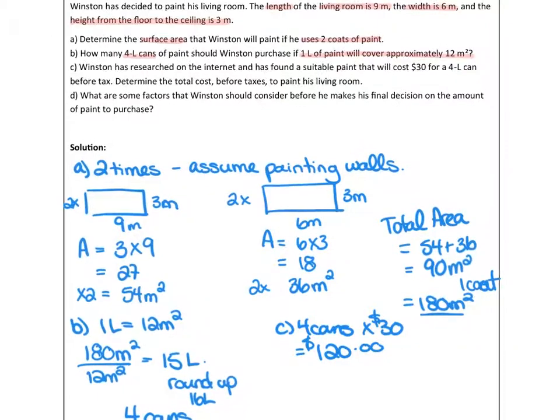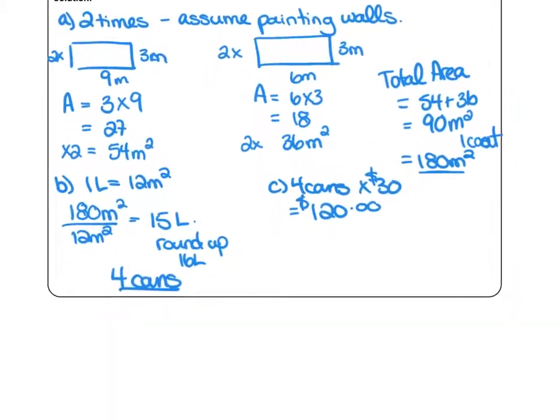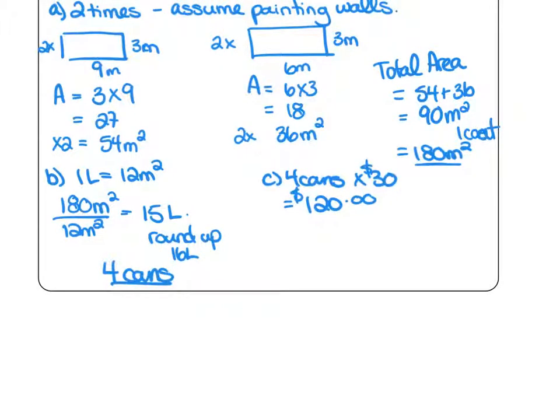What are some factors that Winston should consider before he makes his final decision on the amount of paint to purchase? Now, this is one thing you need to sort of think about. In this case, you could think about possible touch-ups. Are you going to need extra for that?